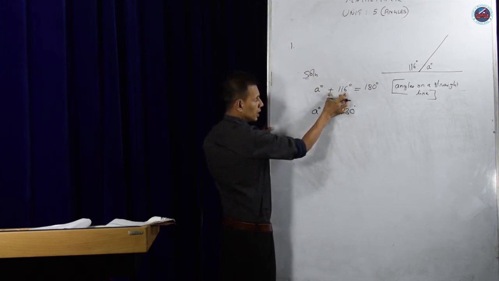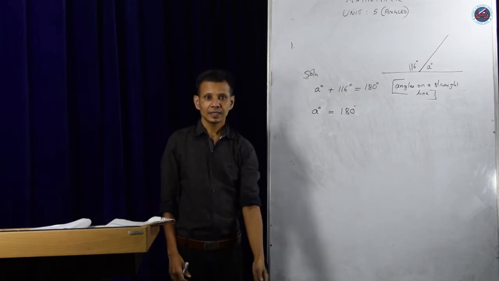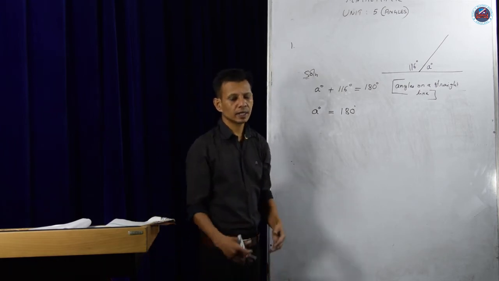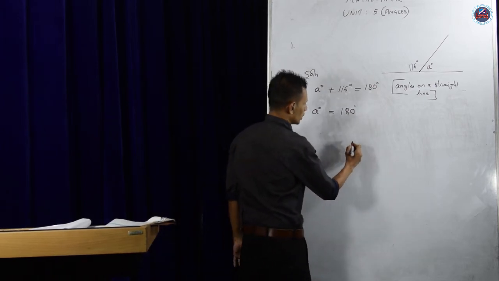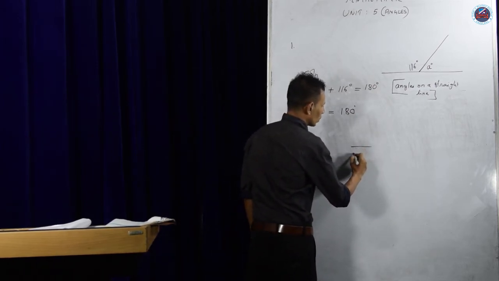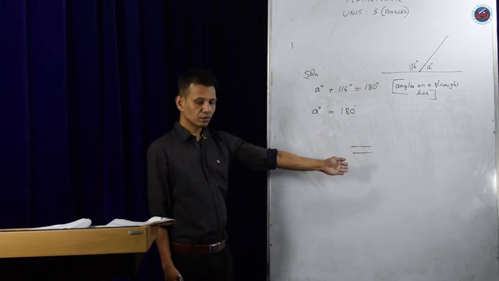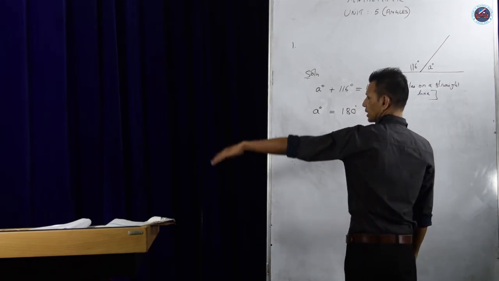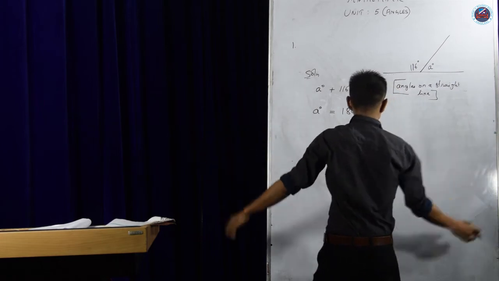Now, plus 116 is on the left hand side. Now what is the left hand side and right hand side? I guess you have learned this in your previous classes, right? You will come to know by the equal sign. Okay? You stand in front of the equal sign. Now this side is my left hand side and this is my right hand side.